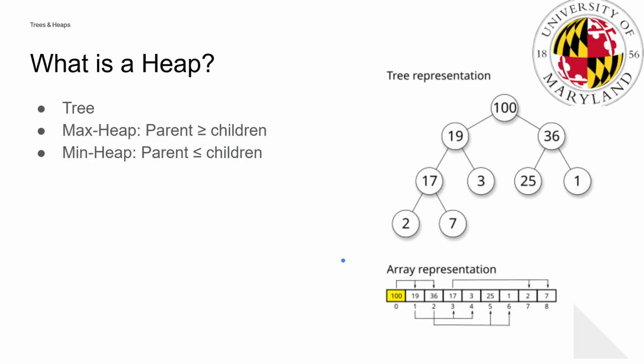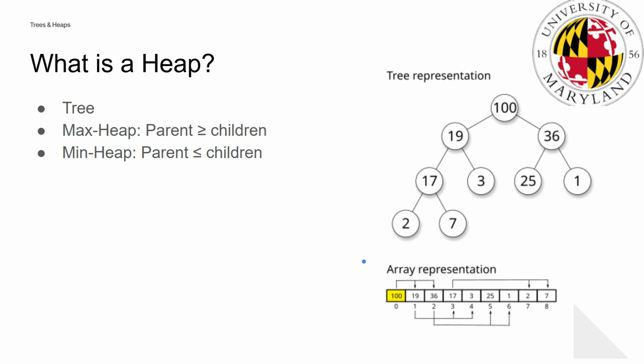Finally, to briefly cover what a heap is, it's nothing more than a tree with some additional constraints. And we have a max heap and a min heap, where a max heap has the property that the parent has to have a value that is greater than or equal to both of its children. And the min heap is the opposite, where the parent must be less than the children.